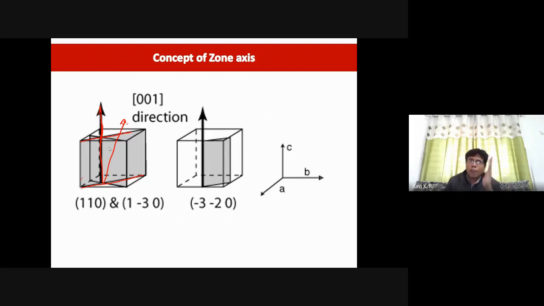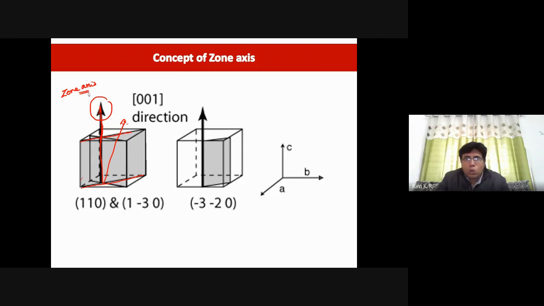So you need to identify this axis, because with respect to that particular axis only you are talking about this plane. This is the axis normal to the plane parallel or plane perpendicular. We need to identify the zone axis.